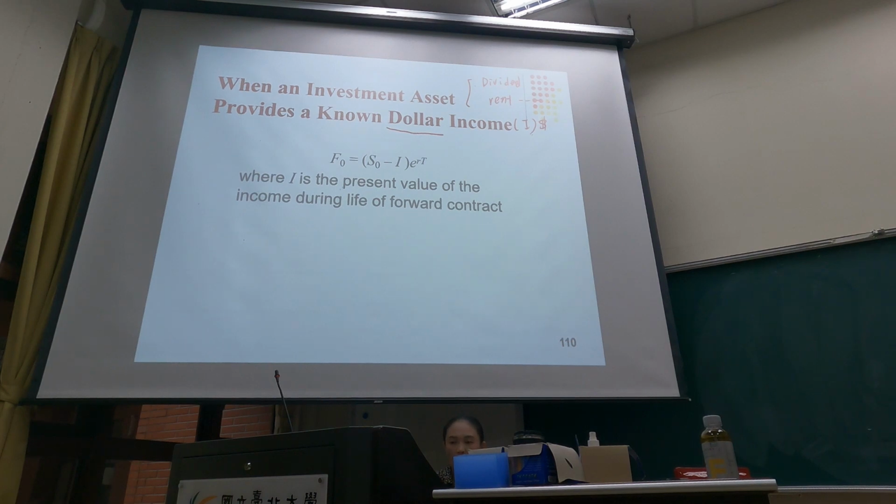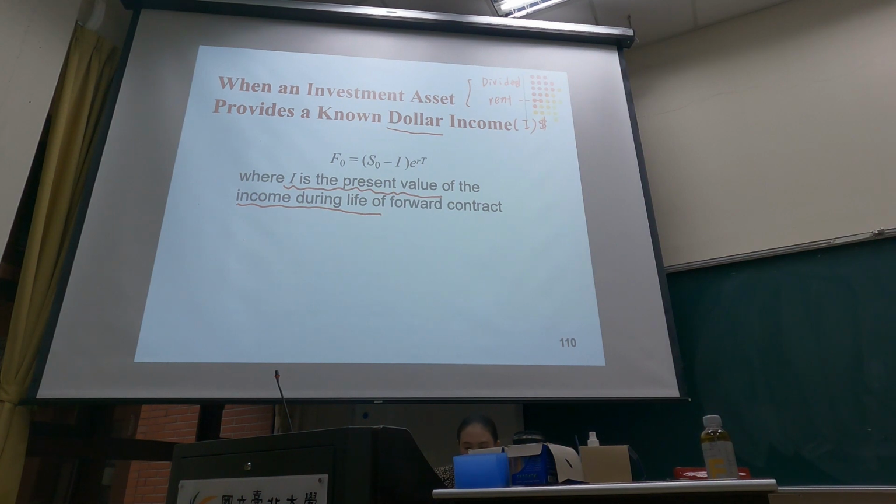So I is the present value, or we assume that it is today's value, during the life of the forward contract. If we know exactly the periods when it happens, and if you know the interest rate, obviously we can come up with the present value by discounting back. Otherwise, you have to assume that's the price today.